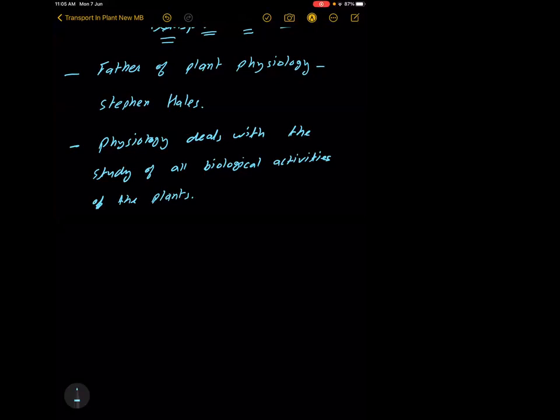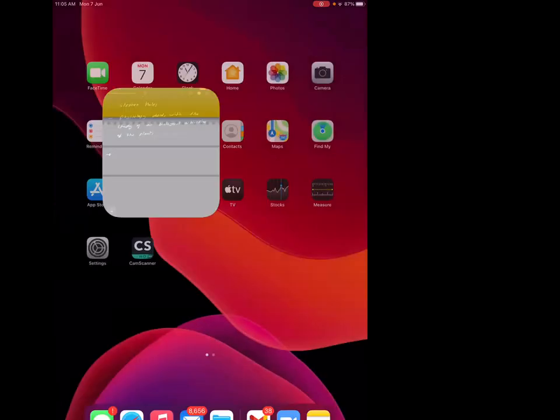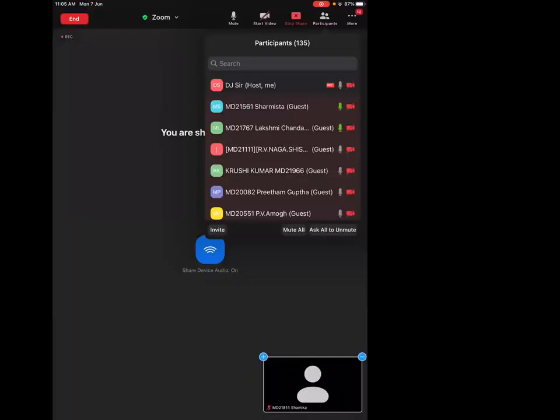Fine. Now some terms. I hope you know these definitions. What is diffusion? Movement of material from highly concentrated area to low concentrated area.